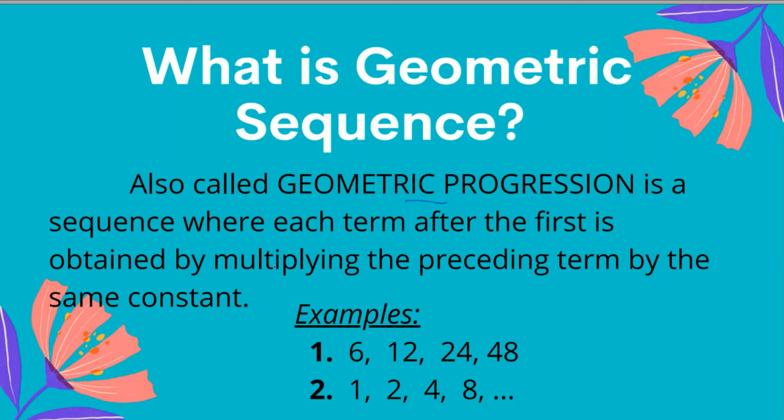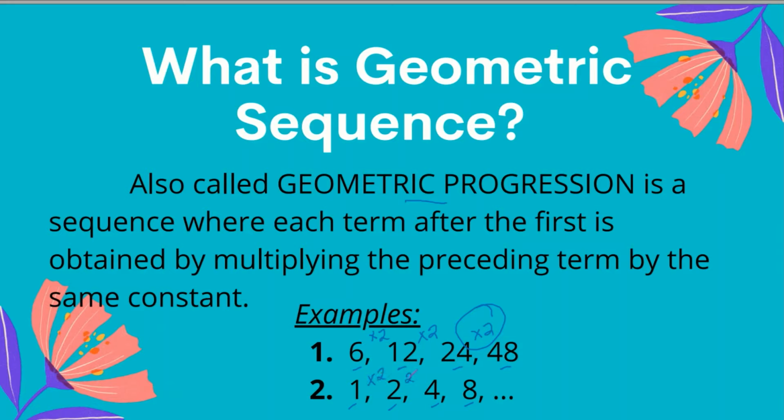Or another example, 1, 2, 4, 8. So we are also multiplying each term by 2. So 1 times 2 is 2, 2 times 2 is 4, 4 times 2 is 8, and so on. So these examples are called geometric sequence.